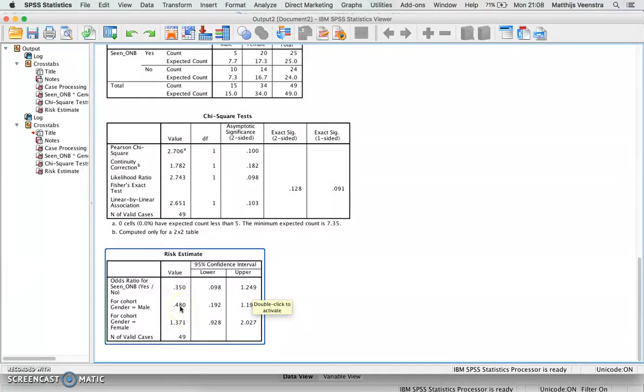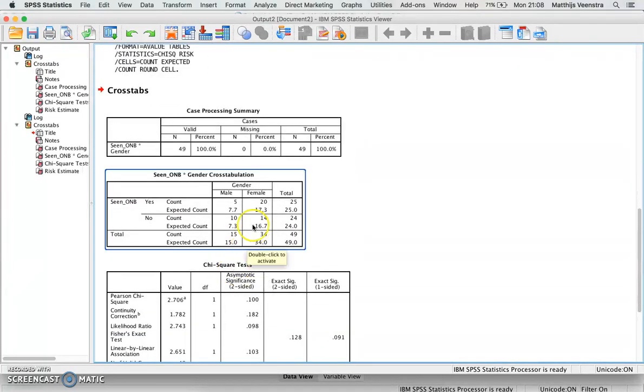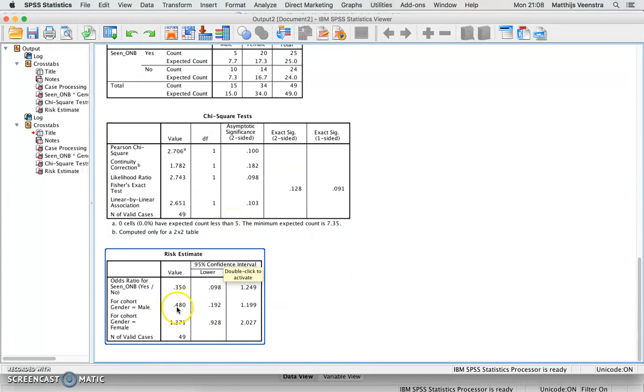So the risk, you could say, of when you're a male that you've seen Orange is the New Black is quite lower than that you've not seen it. Well, and we can check this in our table. That's correct. 5 males indicated that yes, they've seen it, and 10 that they didn't see it. So these values kind of make sense.